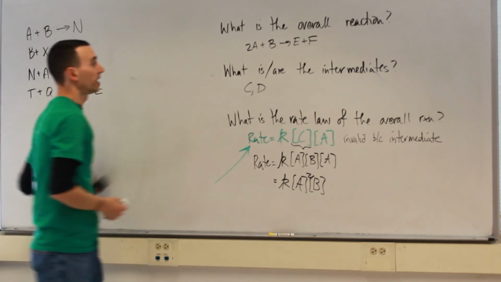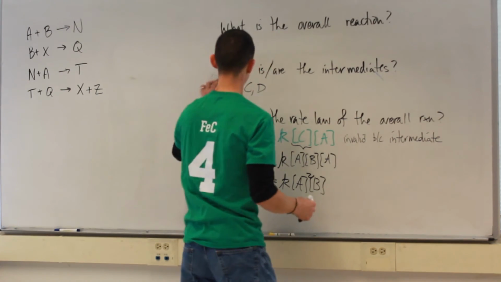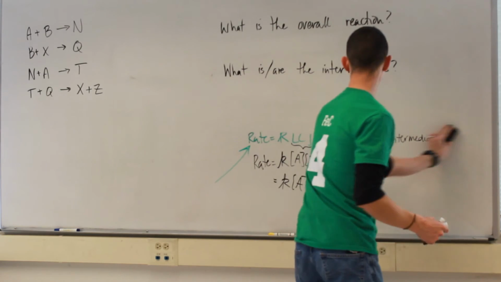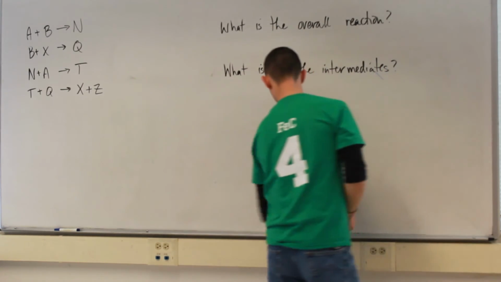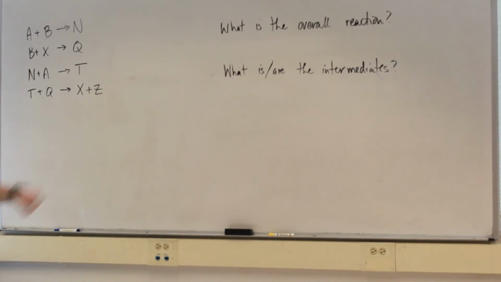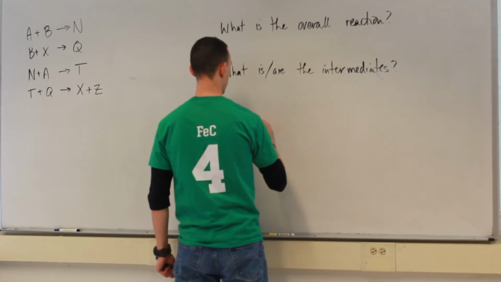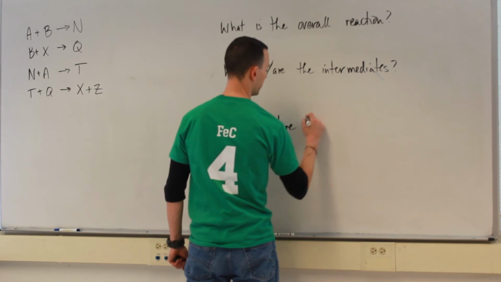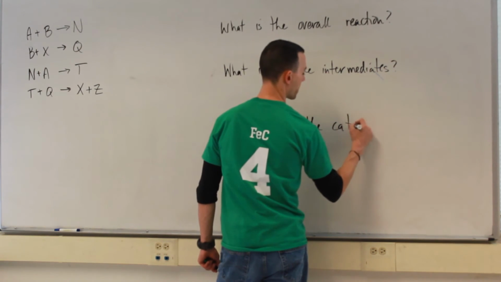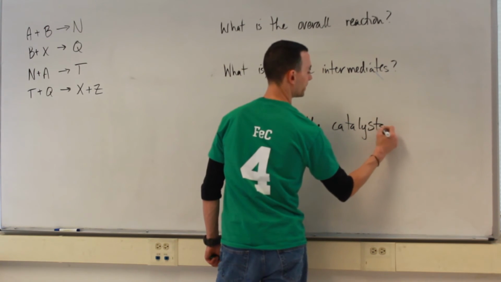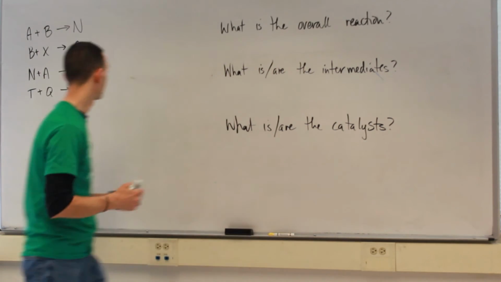Right? Let's ask similar questions to what we did last time, although we won't worry about the overall rate law this time. Let's just go with what's the overall reaction, what are the intermediates, what is or are the catalysts. Okay.